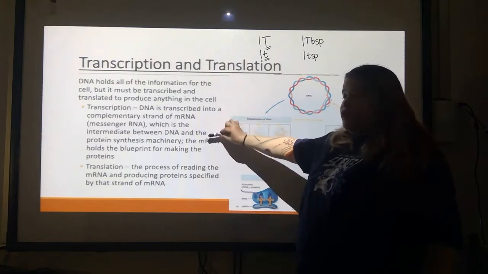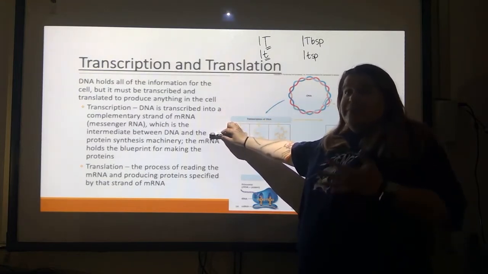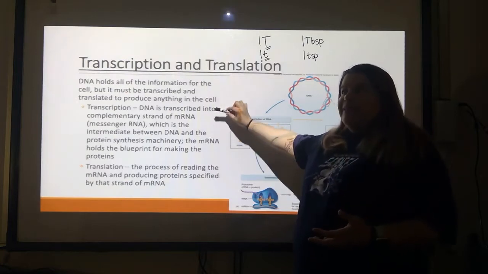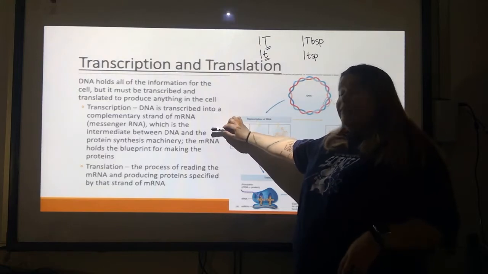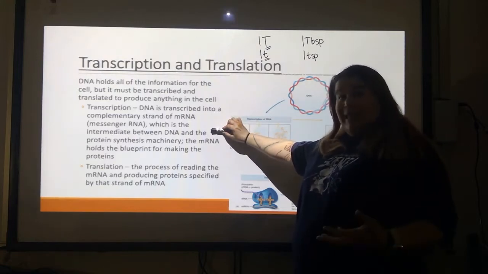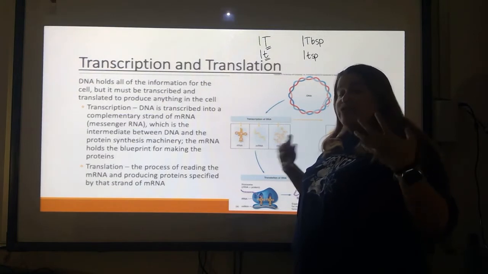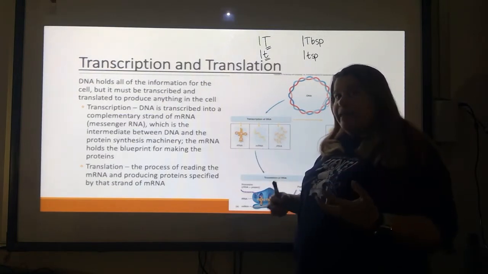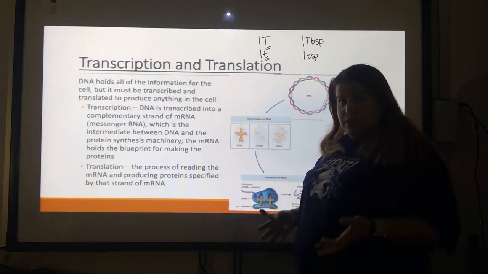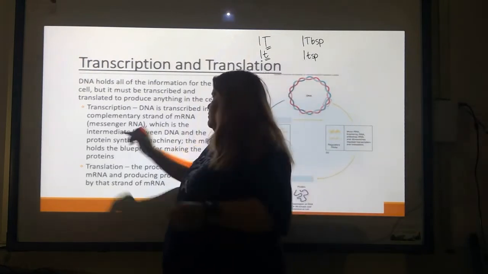When the DNA is transcribed into messenger RNA, it's still the same message. It's just that instead of having thymine, because it's DNA, I will have uracil in thymine's place because it's RNA. That intermediate is what the ribosome can read and make into something else. So that's why we say it's an intermediate.